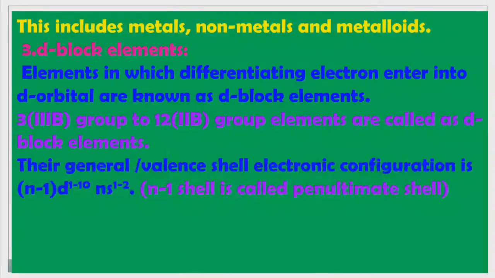Their general valence shell electronic configuration is (n-1)d1 to 10 ns1 to 2. If you observe scandium to zinc, scandium's valence shell electronic configuration is 3d1, then 3d2, like that. Zinc's configuration is 3d10. So the last electron enters into the d orbital.